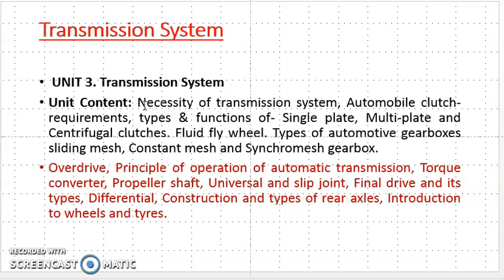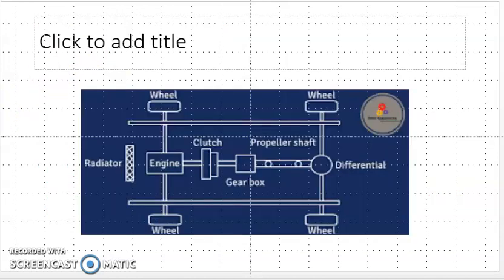A clutch in an automobile provides a means of connecting the drive from the engine to the gearbox. Just see here, the engine is connected to the gearbox with the help of this clutch.